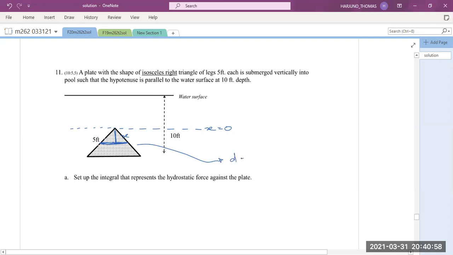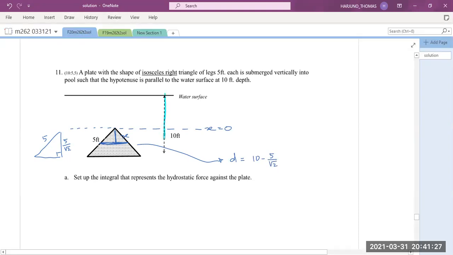For depth, oh shoot, this is ugly though. If this is 5, then this will be 5 over radical 2. Okay. For the depth, 10 minus 5 over radical 2 plus x.